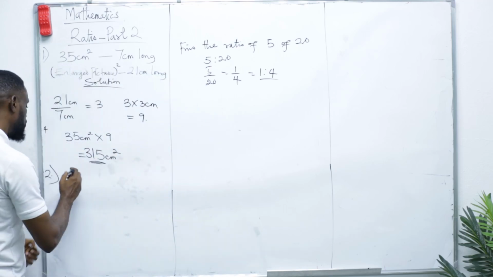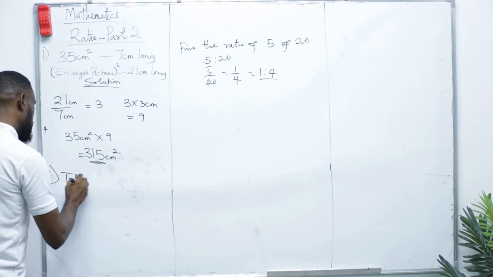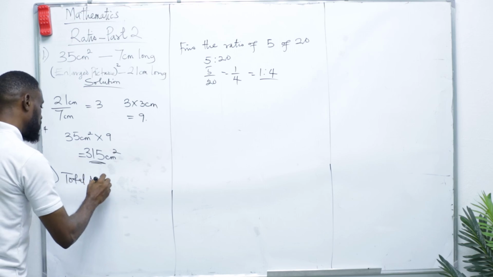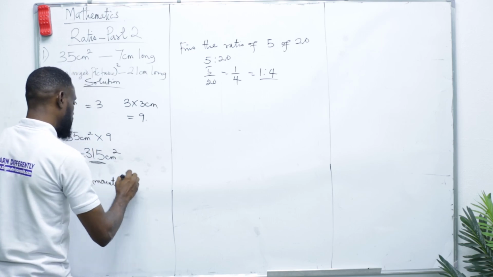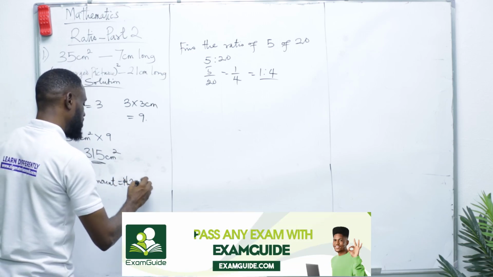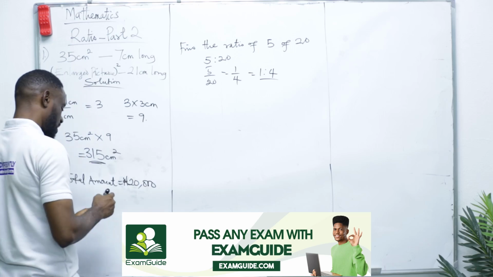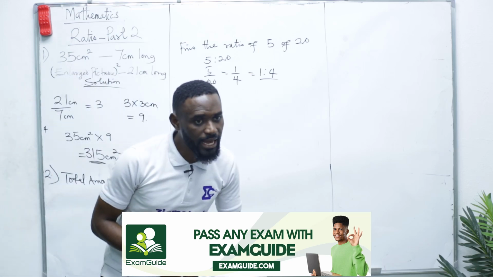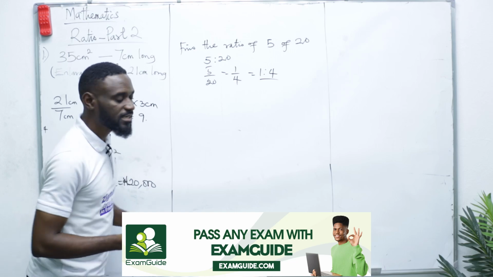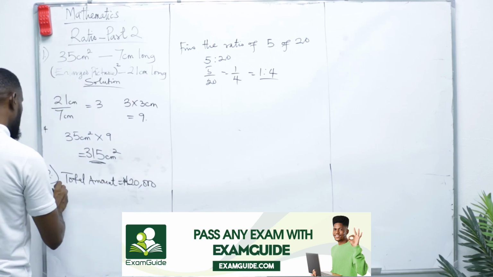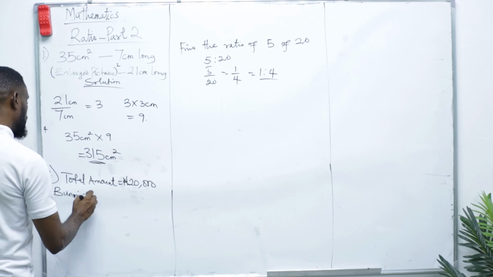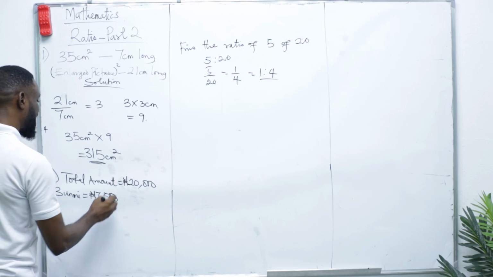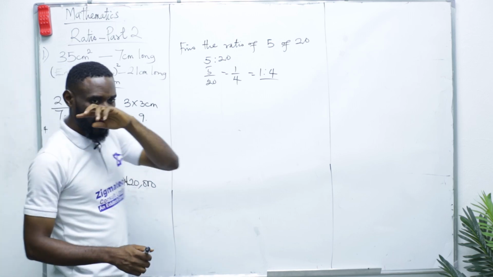The total amount that they shared is 20,000 naira, okay? And they said Bumi receives 7,500. Bumi took 7,500 out of 20,000.